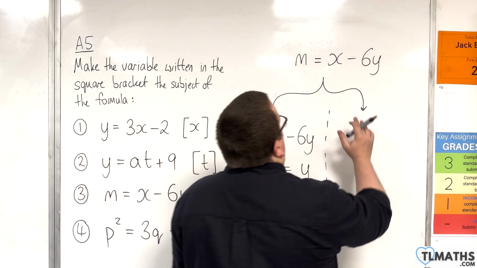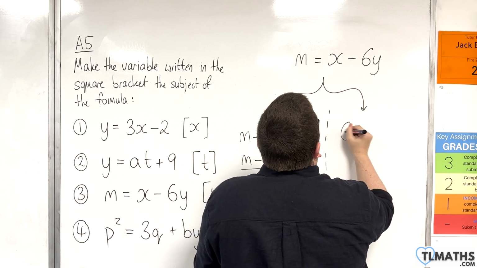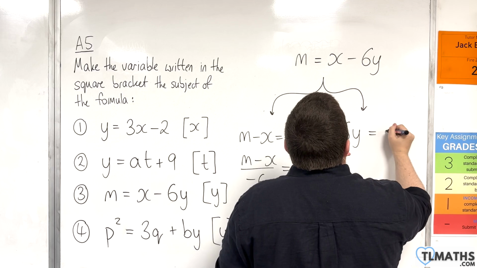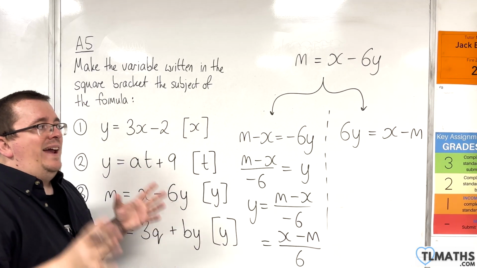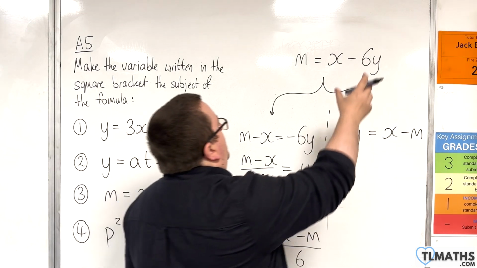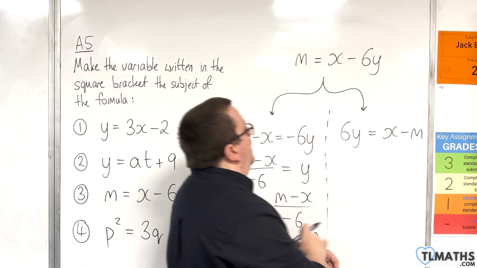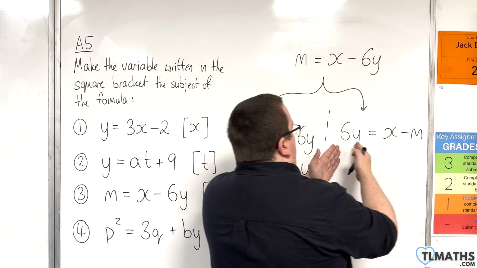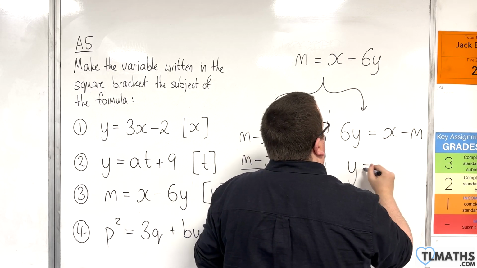The alternative, as I said, was we could add the 6y onto the left-hand side and subtract the m from both sides as well. And I've done that in one motion. So I've added 6y to the other side, I've subtracted m from both sides, and then I'm left with this, and then I could divide through by the 6.